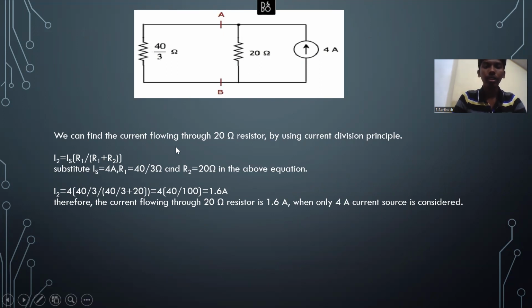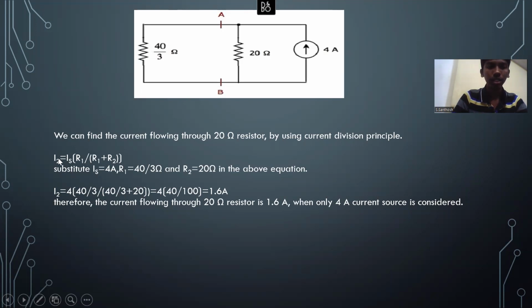And now, while we are going to calculate the current, we use the current division rule. This rule states that for the resistor whose current you want to find, you just consider that resistor, and you solve the equation by adding up the values of these two resistors in the denominator.